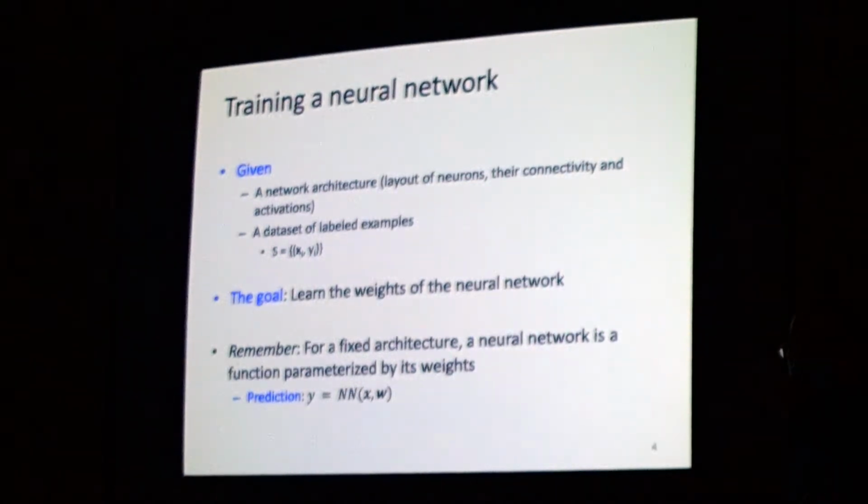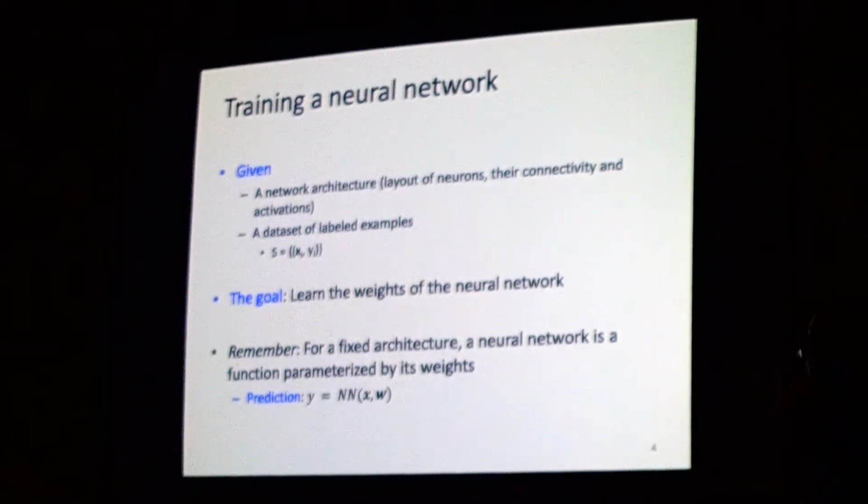Then our goal is to find the optimal values of weights for this neural network. This is called the training procedure. So now you can see from this notation, a neural network is nothing different from linear regression.